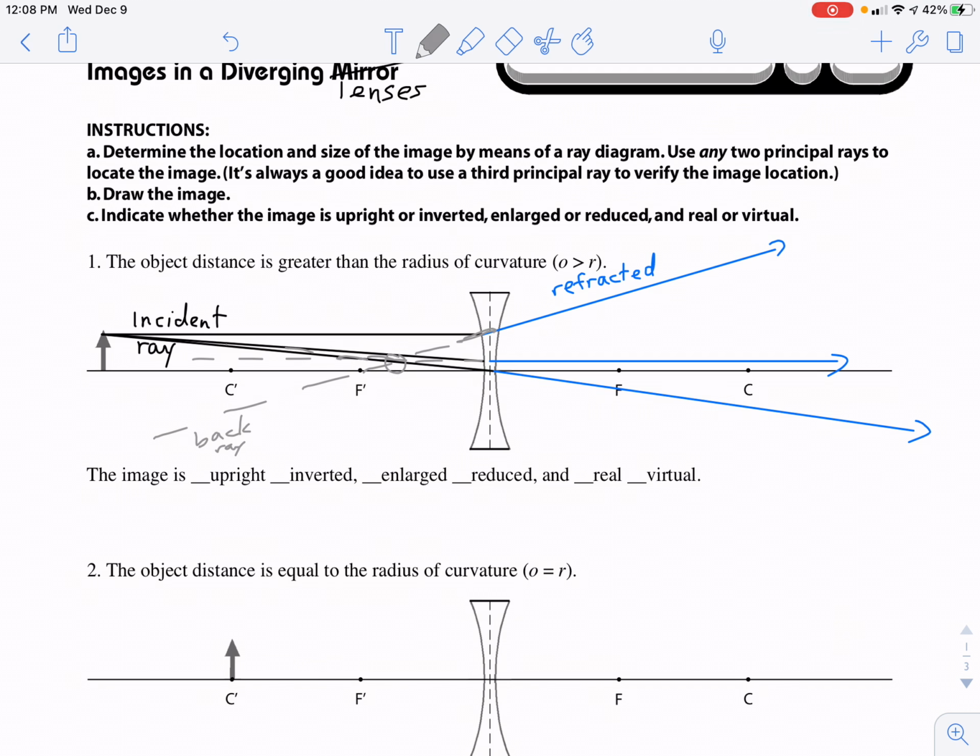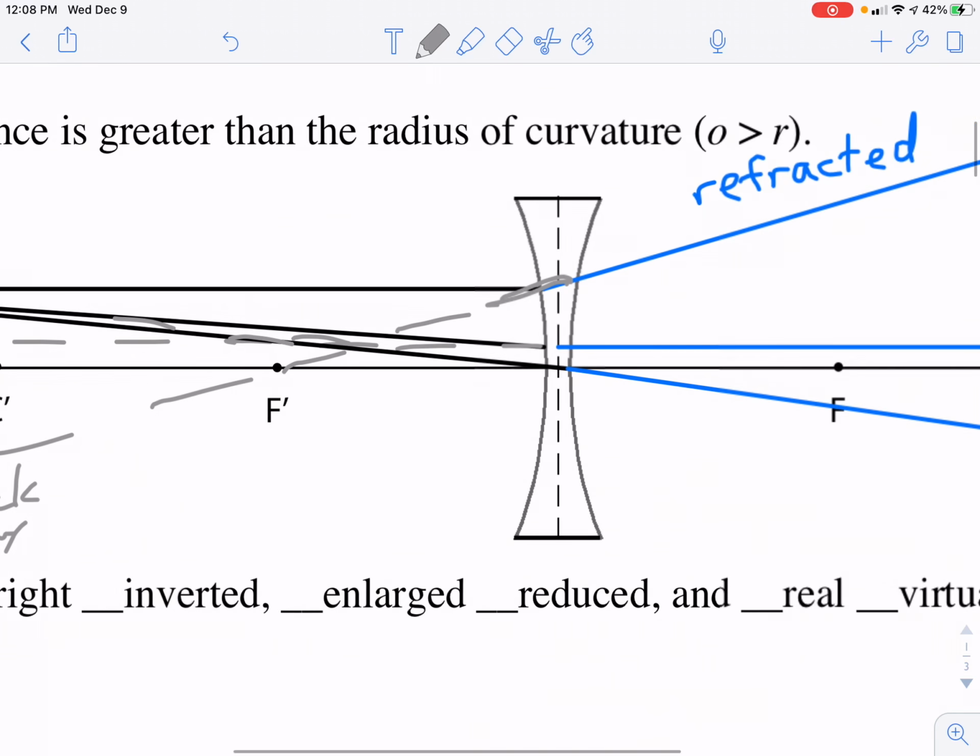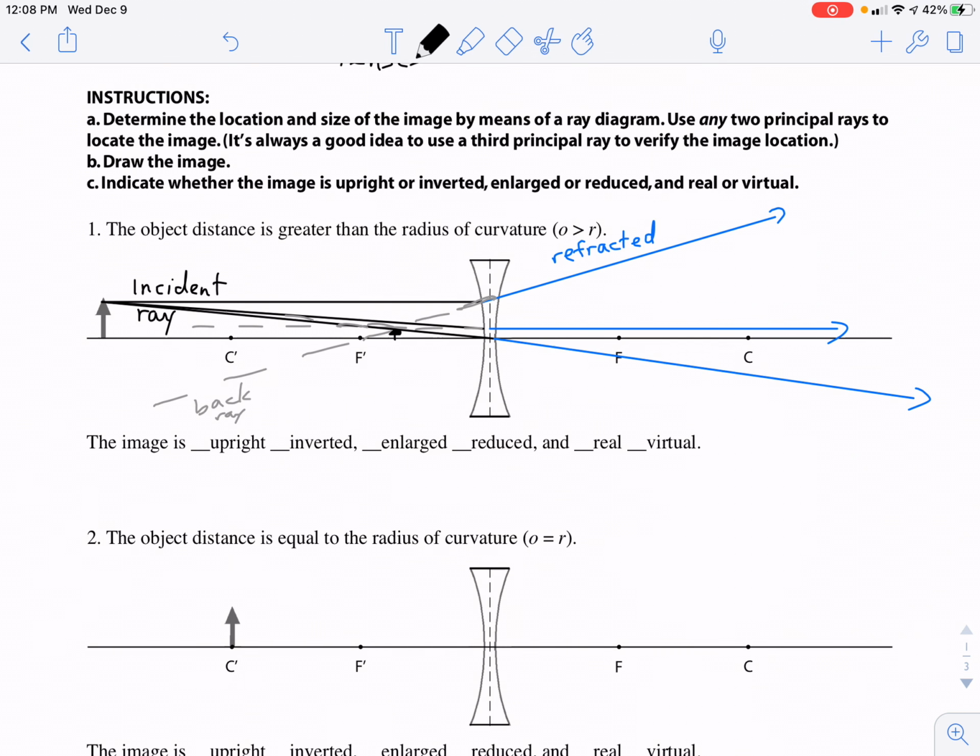So we can see all three back rays are meeting right at that spot. So I'm going to redraw the image location right there. And you can see, ladies and gentlemen, we're ending up with a smaller, reduced, upright, and virtual image. Remember, virtual images happen on the near side of a lens. Real images occur on the far side of the lens.